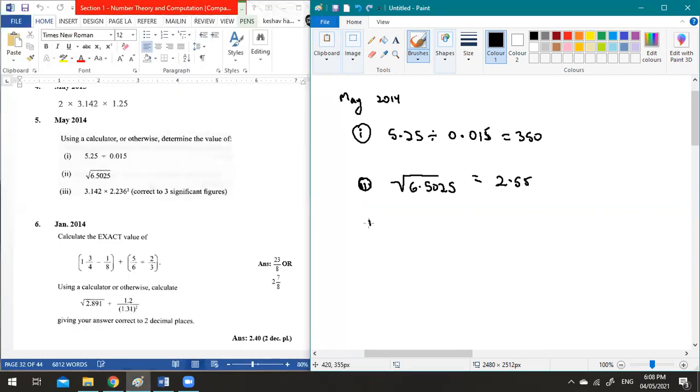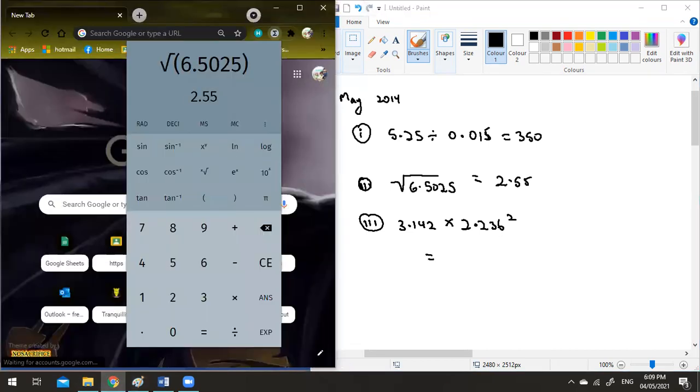And the last one, 3.142 multiplied by 2.236 squared. And I want to take 3 significant figures. So 3.142 multiply 2.236 squared.